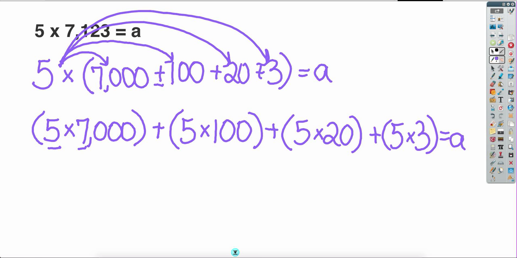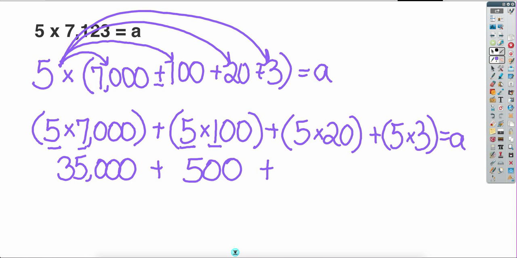Five times 7, 35, 3 zeros, plus 5 times 1, 5, 2 zeros, plus 5 times 2, 10, add a 0, plus basic fact, 5 times 3 is 15 equals A.